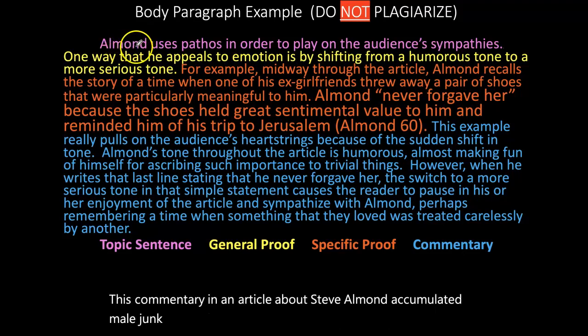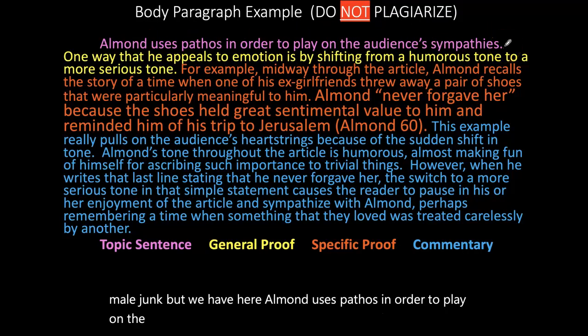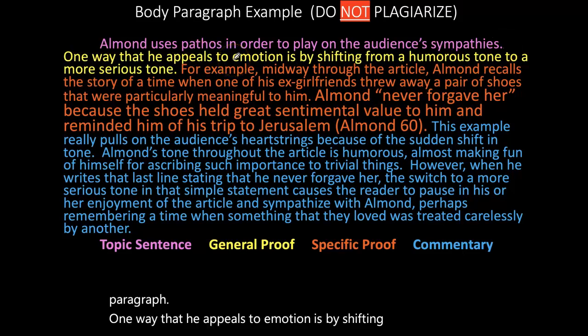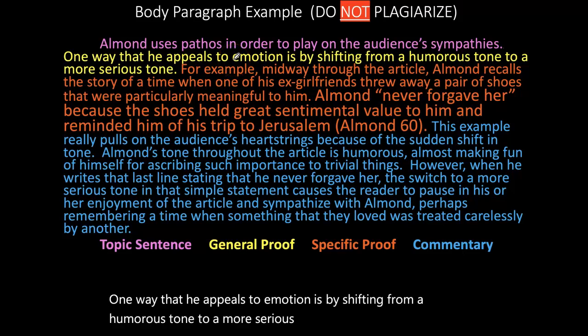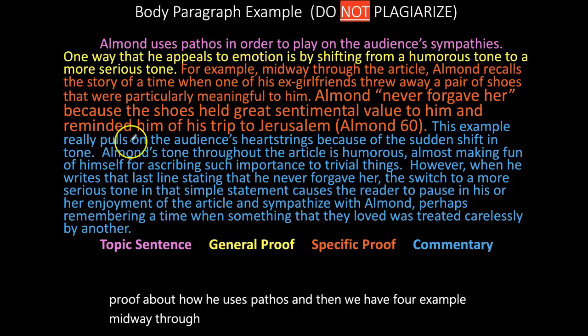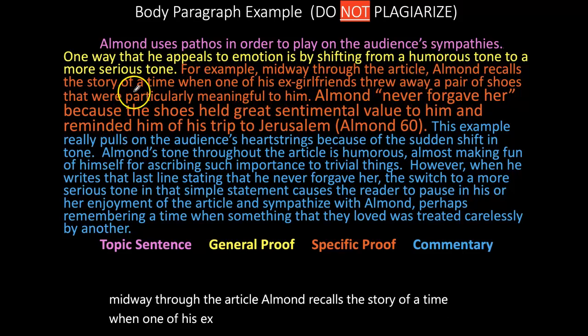But we have here, Almond uses pathos in order to play on the audience's sympathies. Okay, that's the topic sentence of this paragraph. One way that he appeals to emotion is by shifting from a humorous tone to a more serious tone. All right, so that's general proof about how he uses pathos. And then we have, for example, midway through the article, Almond recalls the story of a time when one of his ex-girlfriends threw away a pair of shoes that were particularly meaningful to him.